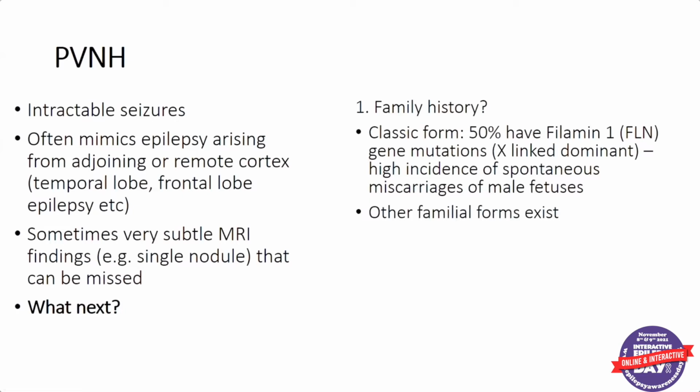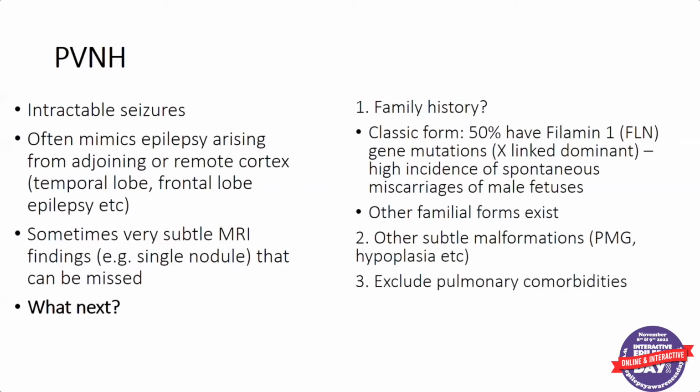And of course, if there's a family history or a history of spontaneous abortions, genetic counseling is something that should be borne in mind. Sometimes there are associated subtle malformations, such as polymicrogyria, hyperplasia, or a diminished growth of other parts of the brain that may not be readily evident on the MRI scan, but are seen to be present when looked for.